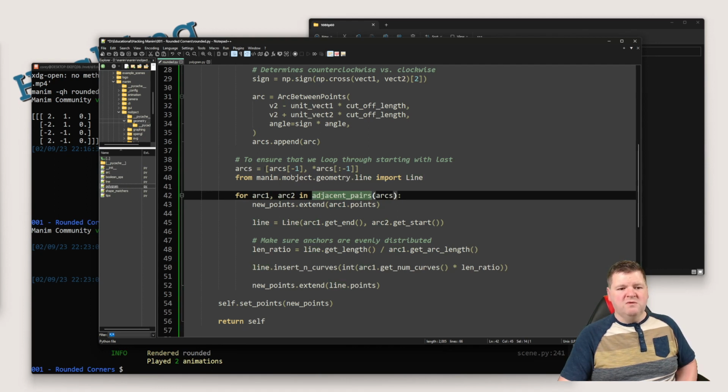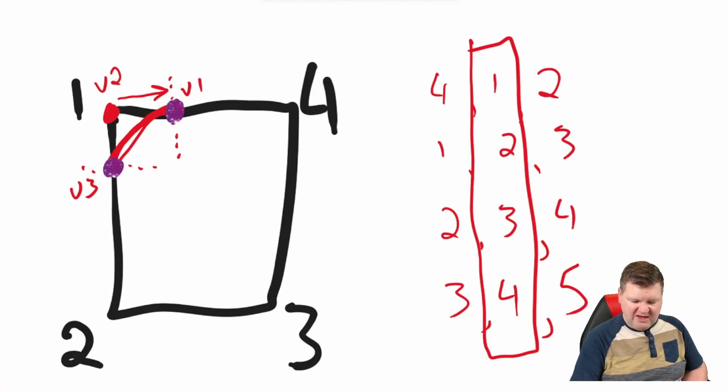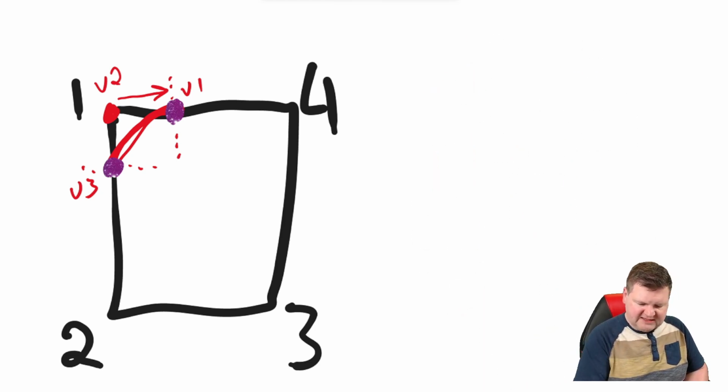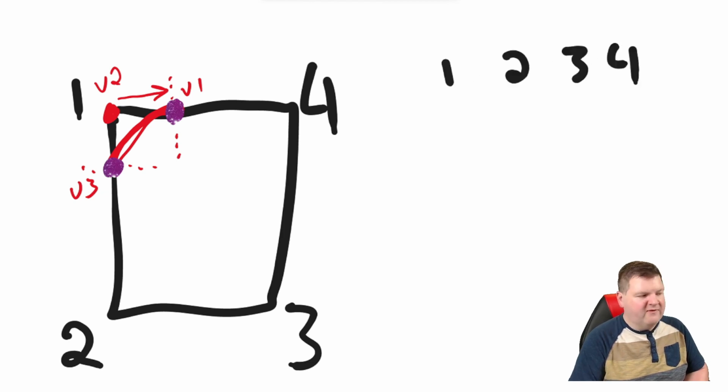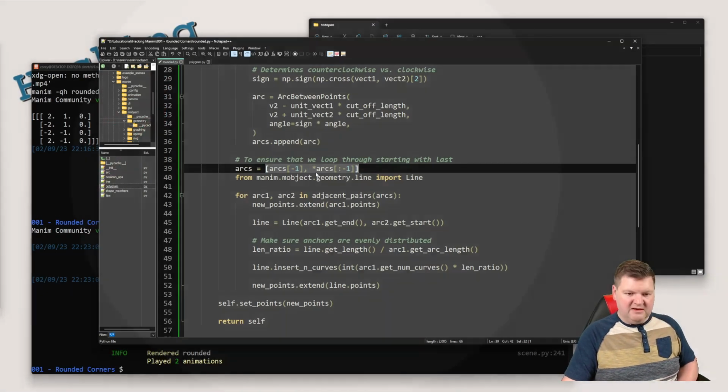So what this did right here, arcs, is if my list was 1, 2, 3, 4, what it's doing is it is putting the 4 first, then 1, then 2, then 3. Okay, so that's what this line is doing.